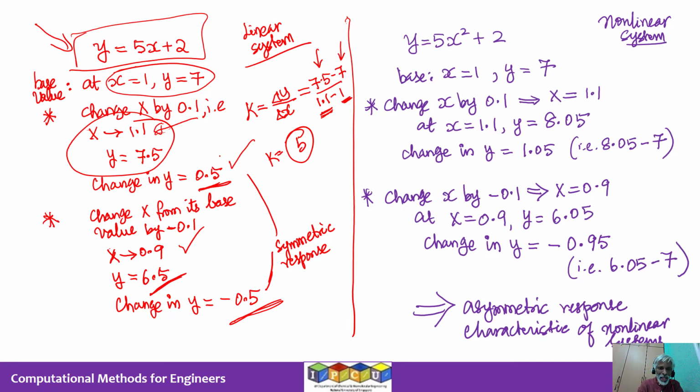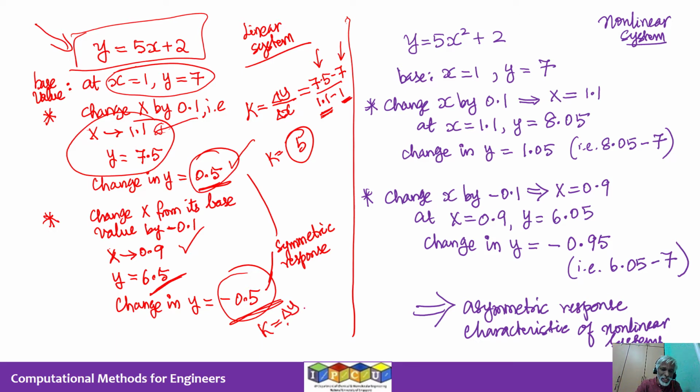So in magnitude, the change in y is the same, right? Don't look at the sign, because in one case you have made a positive change, in the other a negative change. Therefore, you would expect the sign to change. But the magnitude of change in y for the same amount of change in the input of 0.1 is the same 0.5.